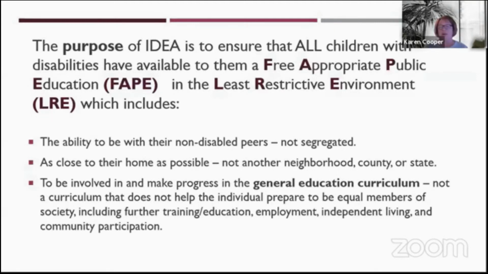And if our child is not able to participate in that, why not? And what are we doing to get our child there? So if you can relate whatever you want for your child back to how it's going to help your child progress in the general education curriculum in the least restrictive environment, then that would be supporting information to get that service, support, accommodation, modification, whatever that might be.